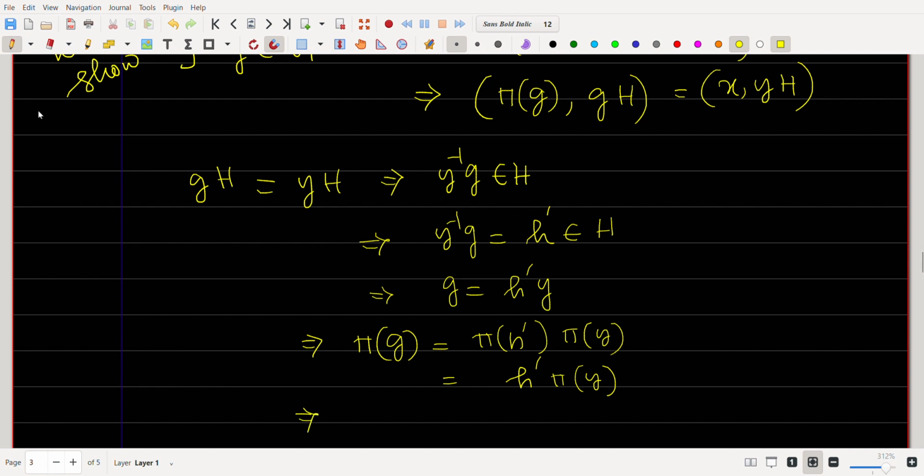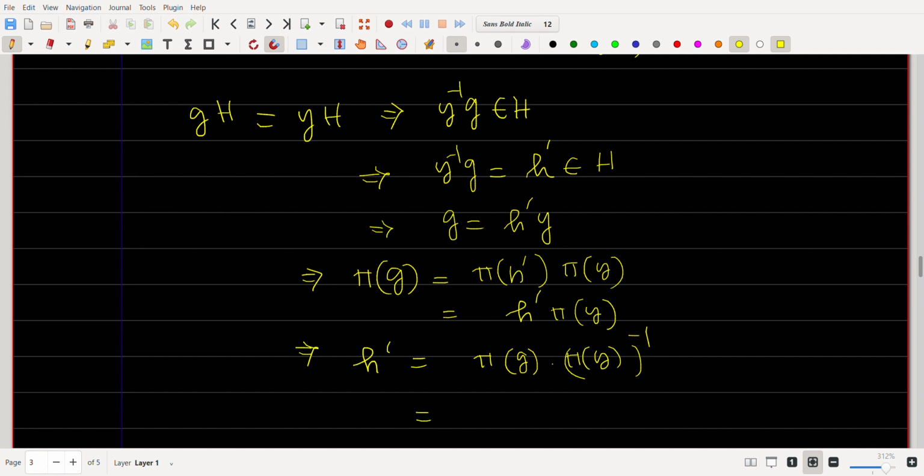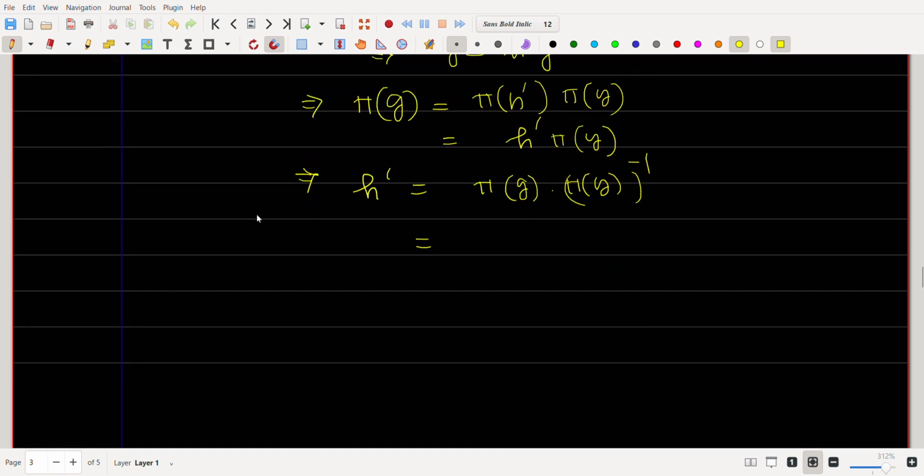So hence h prime equal to pi of g times pi y inverse. Now pi of g is, from the given condition, equal to x. So that means it is x dot pi y inverse.